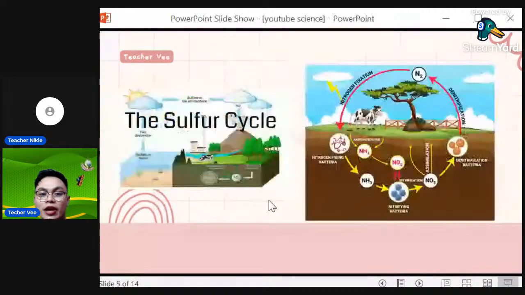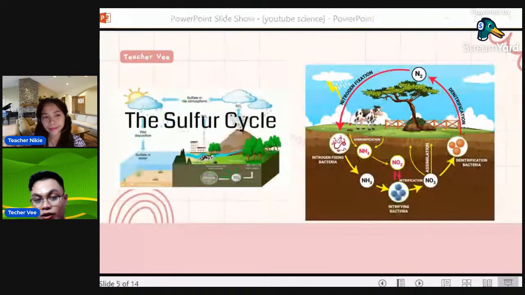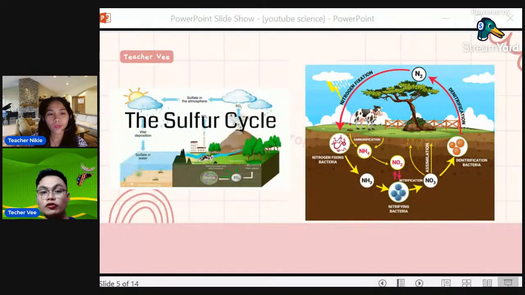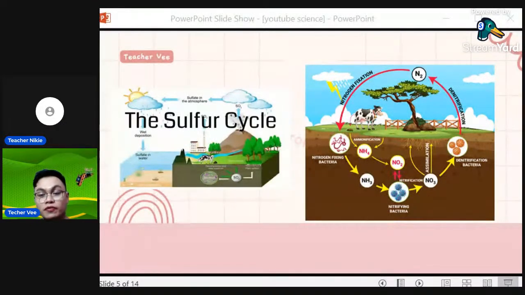Alright? Now, punta naman tayo dito sa sulfur cycle. Okay, sulfur cycle. So, sulfur cycle po, dinidescribe po ito as a movement of sulfur through the geosphere and biosphere. Nire-release po yung sulfur, I mean, galing po sa rocks through weathering. Okay? So, sulfur naman po is very important for the functioning of proteins and enzymes in plants and animals.